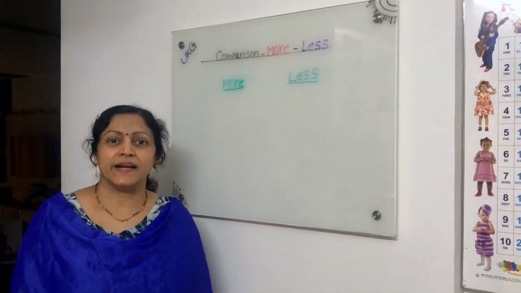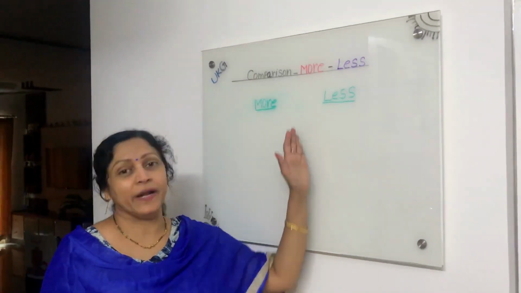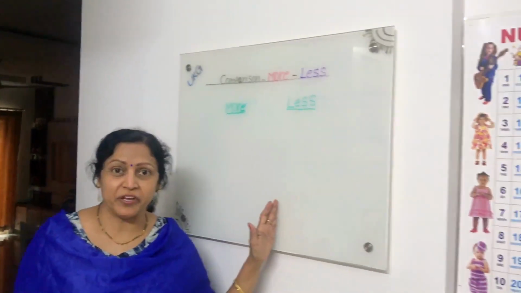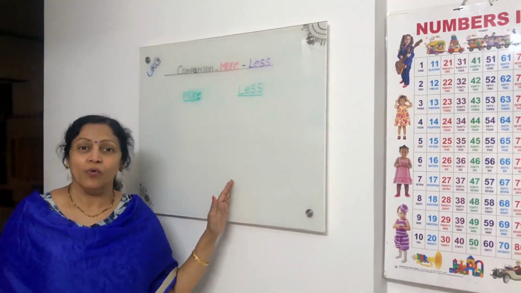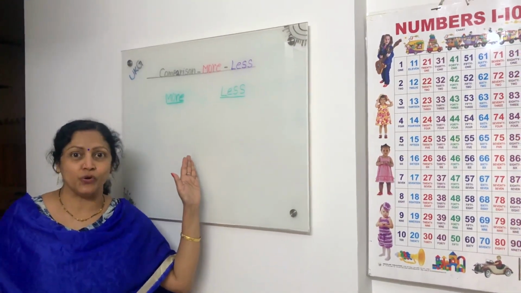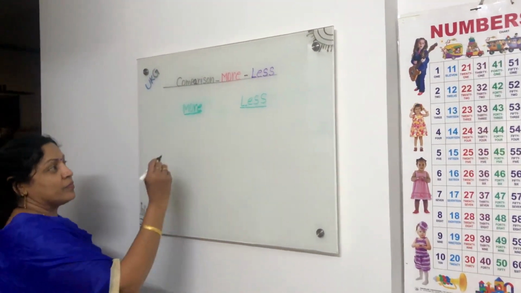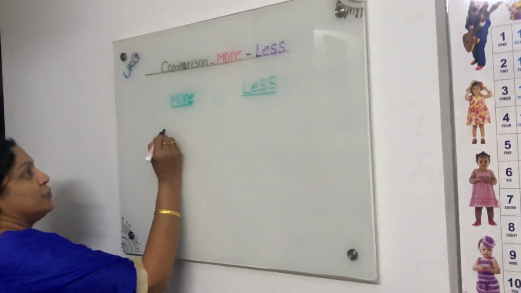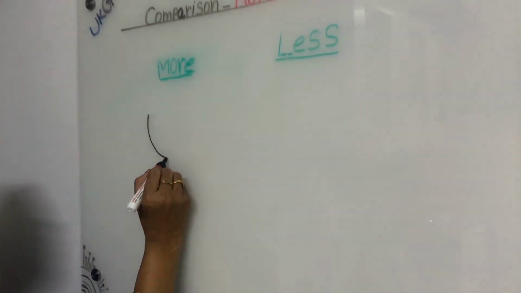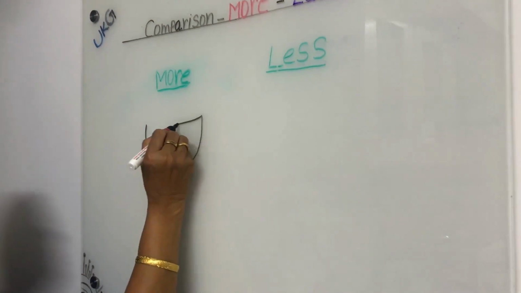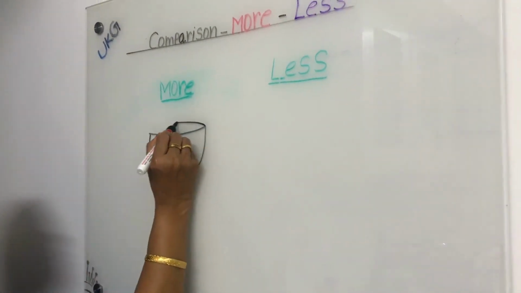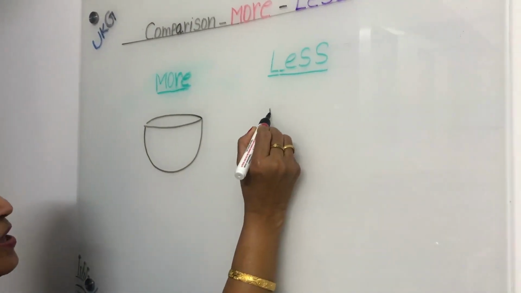So, children, for this more and less concept, I am giving you one small assignment. What is the assignment? I will show you on the board. See here, children. For the assignment, you draw bowls like this. This is one bowl and this is another bowl.